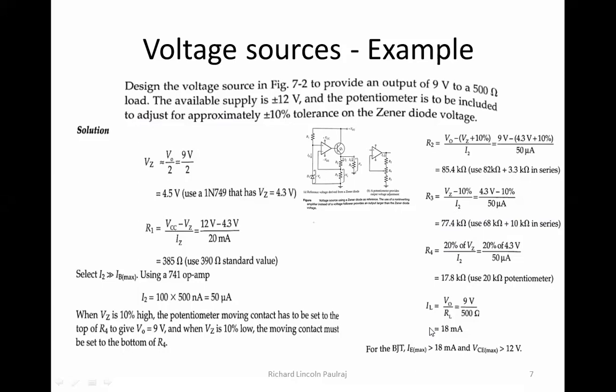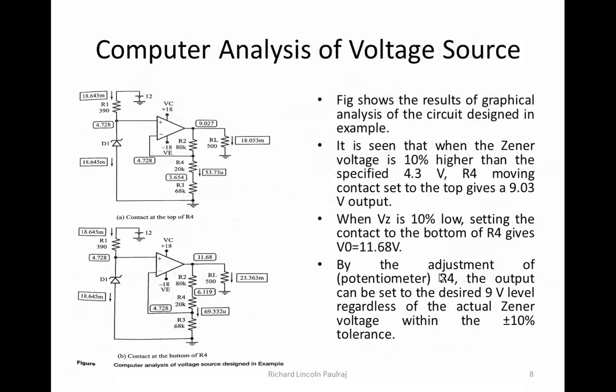And ultimately the currents were also looked into. You can see that the IC max is greater than 18 milliamps, and VCE max, the voltage between the collector and the emitter of this transistor, is greater than 12 volts. Now if we look at the computer analysis, we have solved the problem.